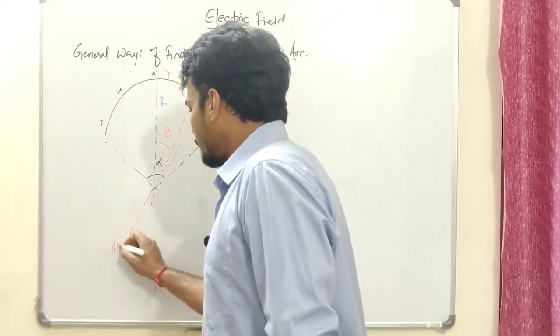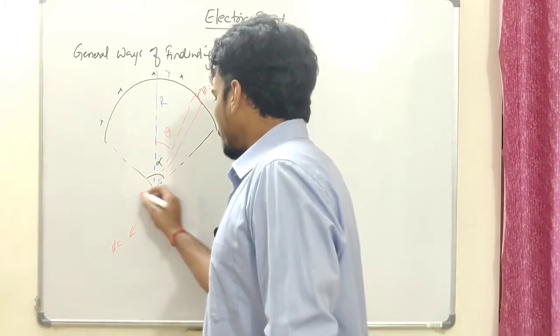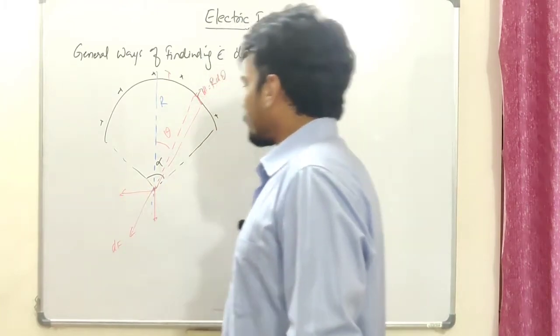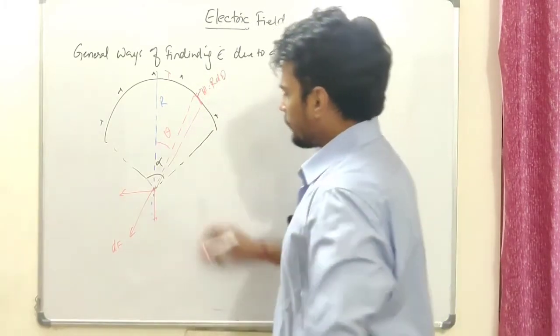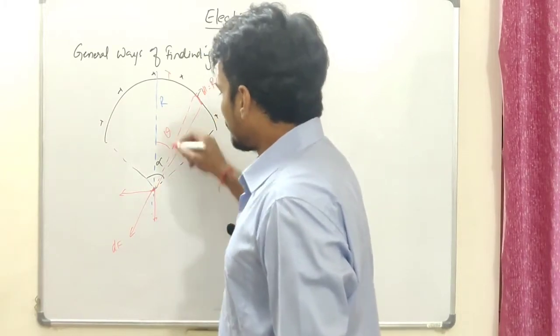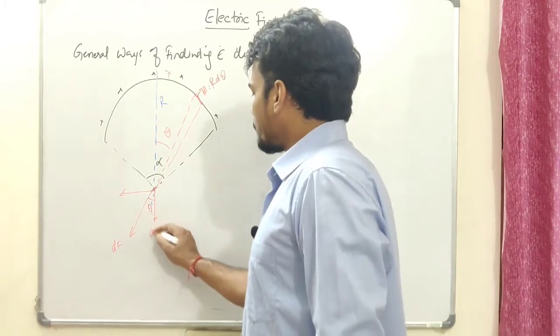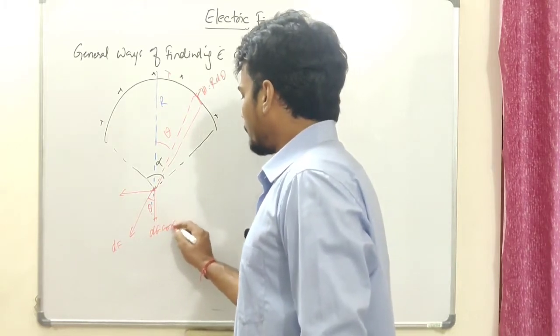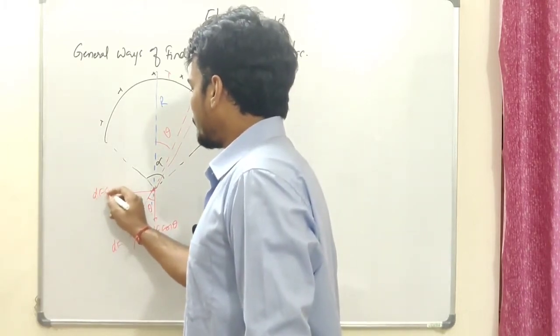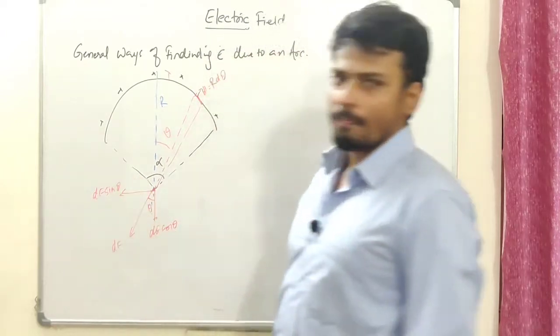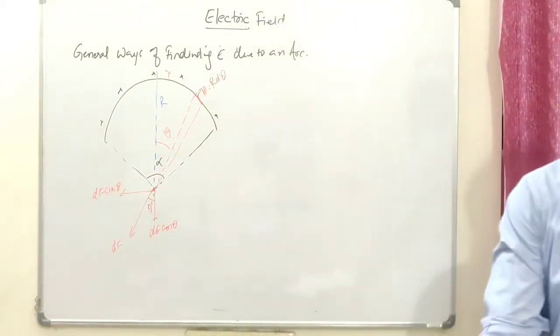Let's say dE. Now this will have its two components, one along this, other along this direction. So if it is theta, let me put it here nicely, this angle should be theta. So this is going to be dE cos theta, and this is going to be dE sin theta. Fair enough? Yeah, right.